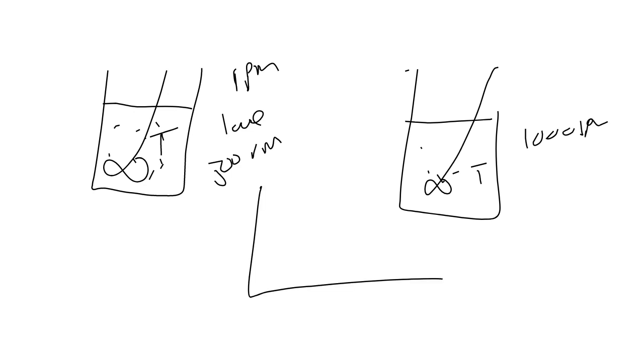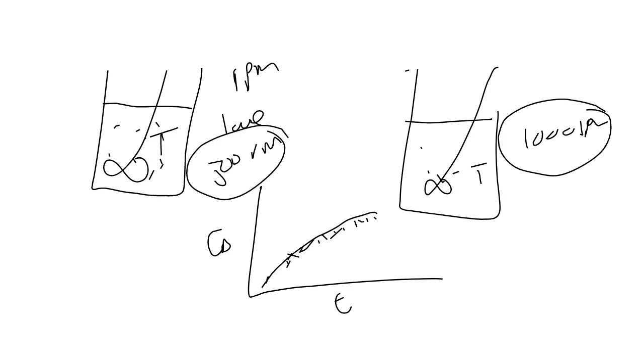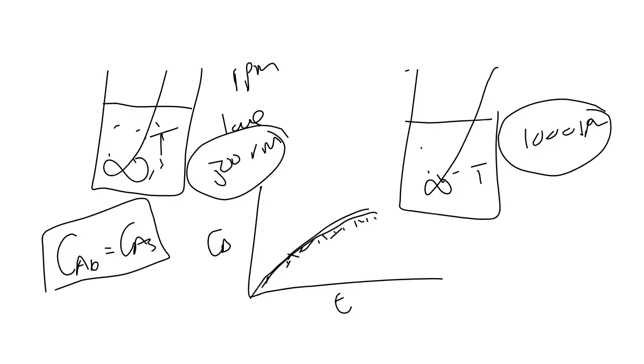You get your profiles of how your reactant forms with time for run 1 and for run 2, and you measure repeat data sets so that you can prove that the stirrer speed didn't have an effect. If the stirrer speed didn't have an effect, it means I am at that position where Ca bulk is equal to Ca surface. Right, and then you can use that data.